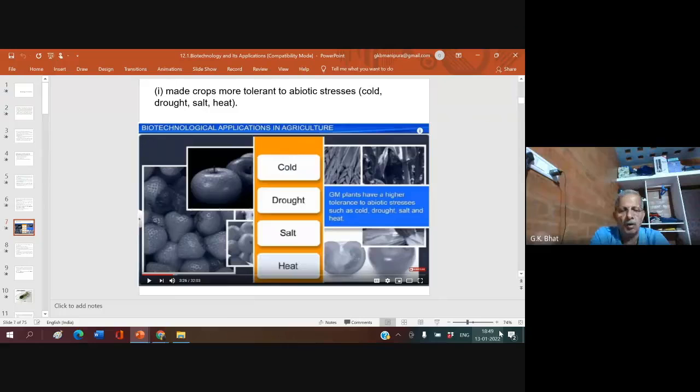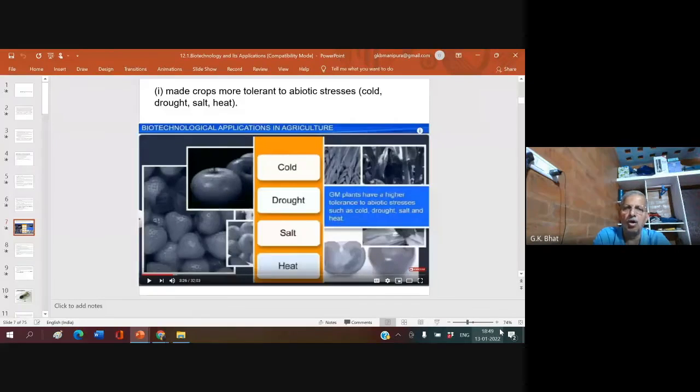Generally our crops are getting affected by sometimes extreme cold in winter, or drought in summer, salt many times, or by heat. And it is possible to get crops of better variety which have resistance to abiotic stresses.